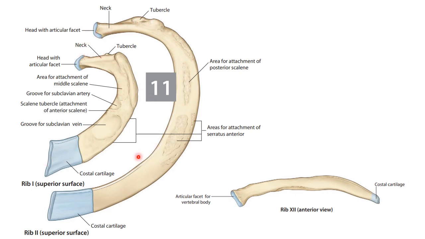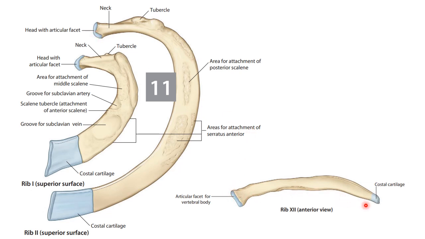The second rib is also an atypical rib, because first it is short, although it seems to be longer than the first, but it is still shorter than the typical rib. It also has superior and inferior surfaces, and the head of the second rib has only a single articular facet.